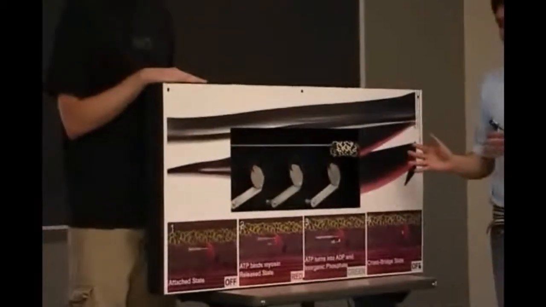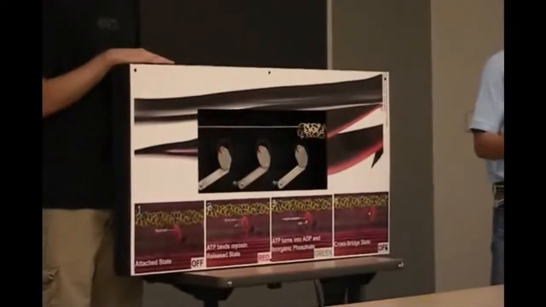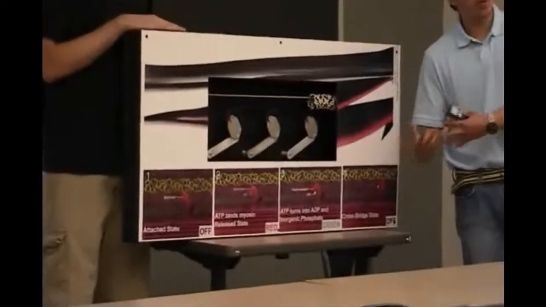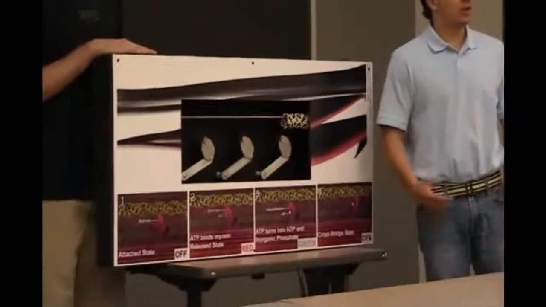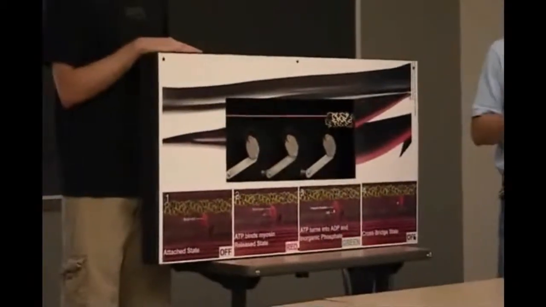The intention for this is to show elementary school kids, middle school kids, how their muscles work during physical activity, and try to awaken the interest of these students in biology, in science, in the science of our bodies.